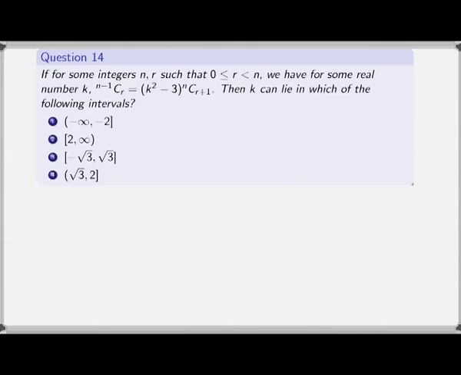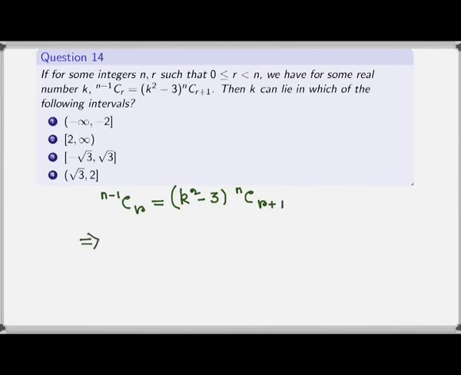We use the information that (n−1)Cr is equal to (k² − 3) into nC(r+1).